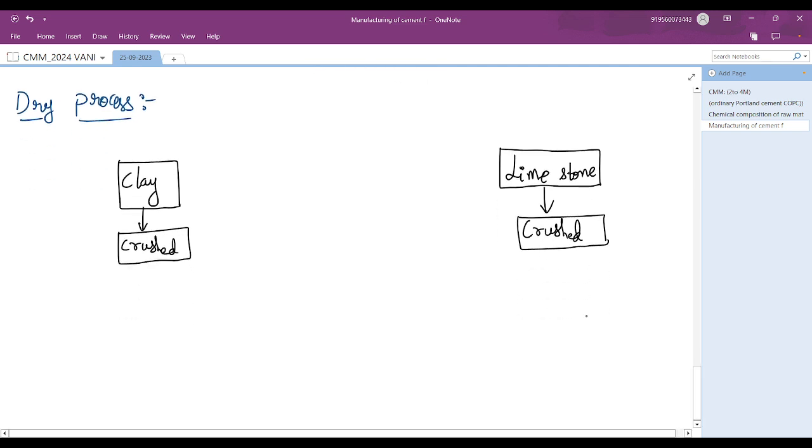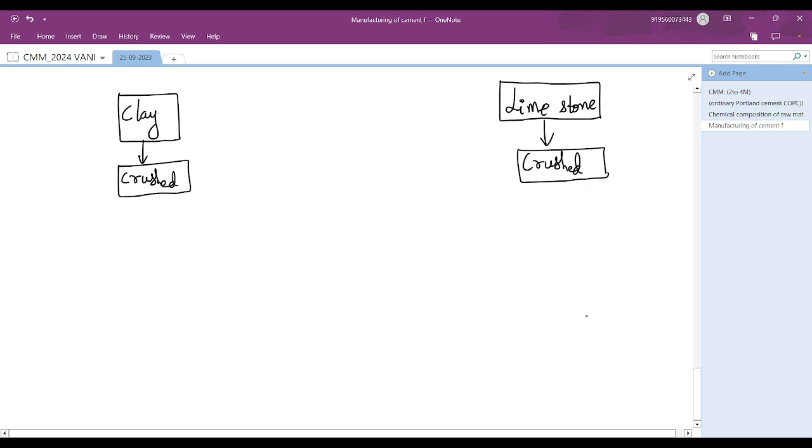Now these crushed raw materials are further finely ground in ball and tube mills.